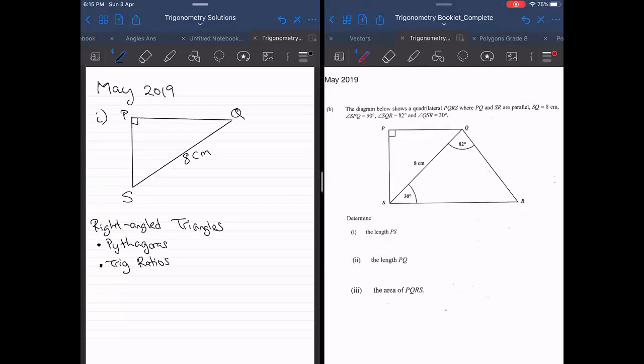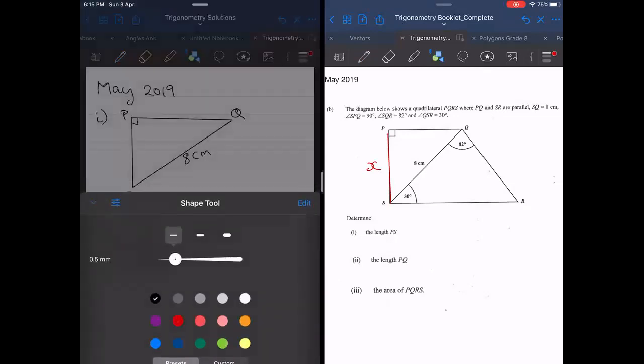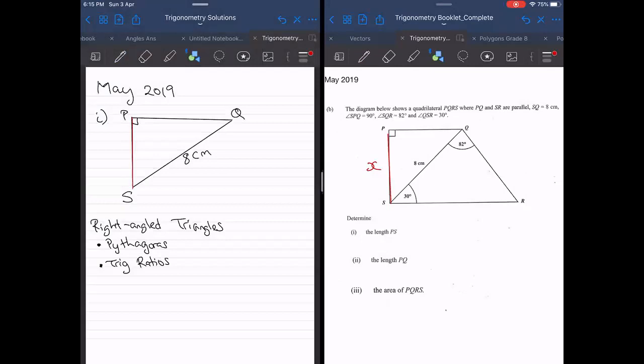However, if I was going to use Pythagoras theorem, let's say the x is at the PS. I'm going to tell you why we can't use Pythagoras theorem. Pythagoras theorem says that the hypotenuse squared is equal to the sum of the other two sides squared.